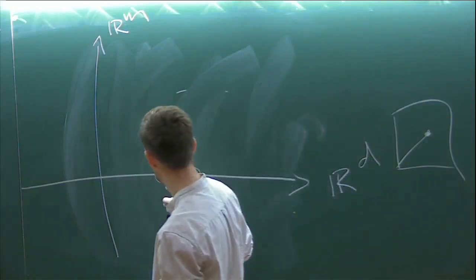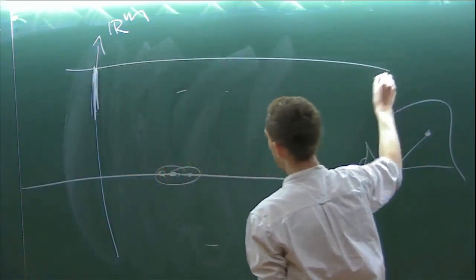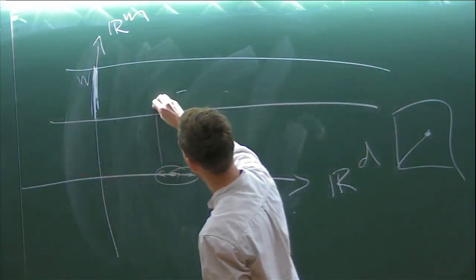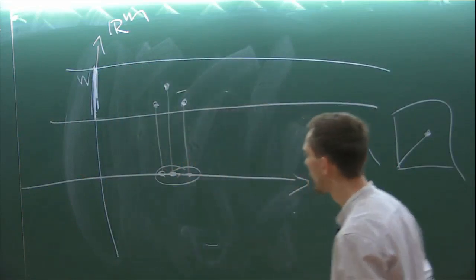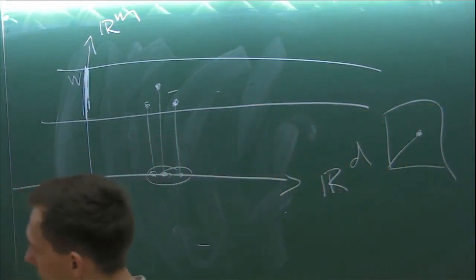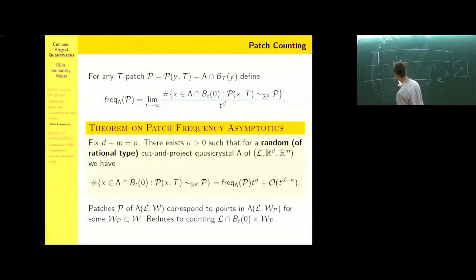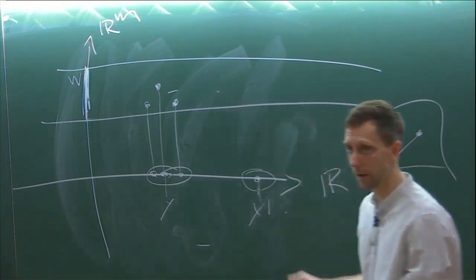Here's the slab. That's a window, that's a slab. These come from some points. So there's an observation to be made: here's the center of the patch called y, and suppose I have here some second patch associated to some y prime.